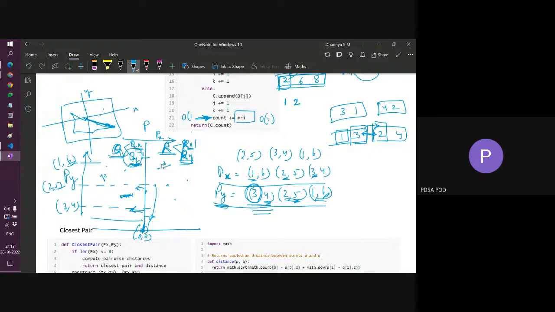So this 3 probably was a bad choice. I will put it as 3.5 because whatever line you are partitioning will not go through any point. It will be like a middle line which will partition the points into correct two halves, right? So that will have a different x coordinate. So if you have, say, 3 which will come on the left side, then (3, 4) will be somewhere here.